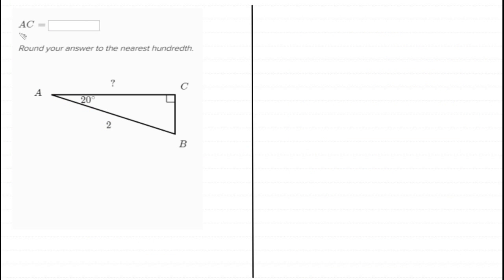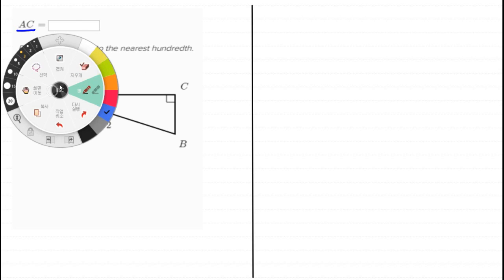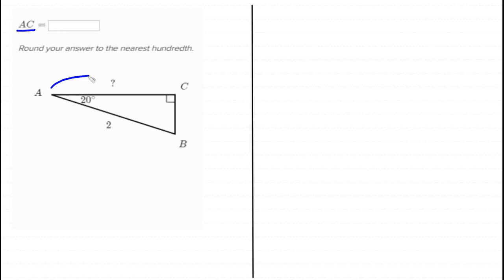So the question is: find the value of length AC, and round your answer to the nearest hundredth. At first, I will call AC x, I will call CB y, and I will call AB h.